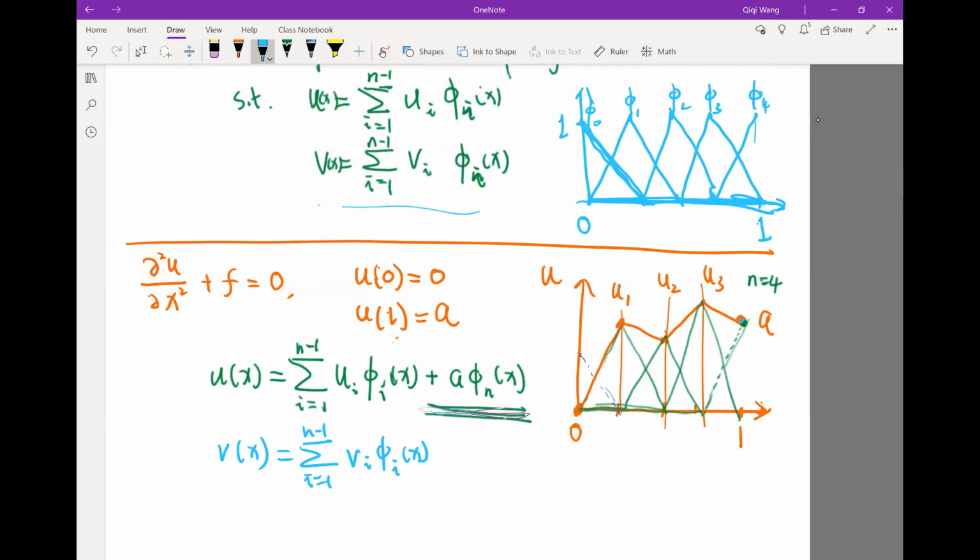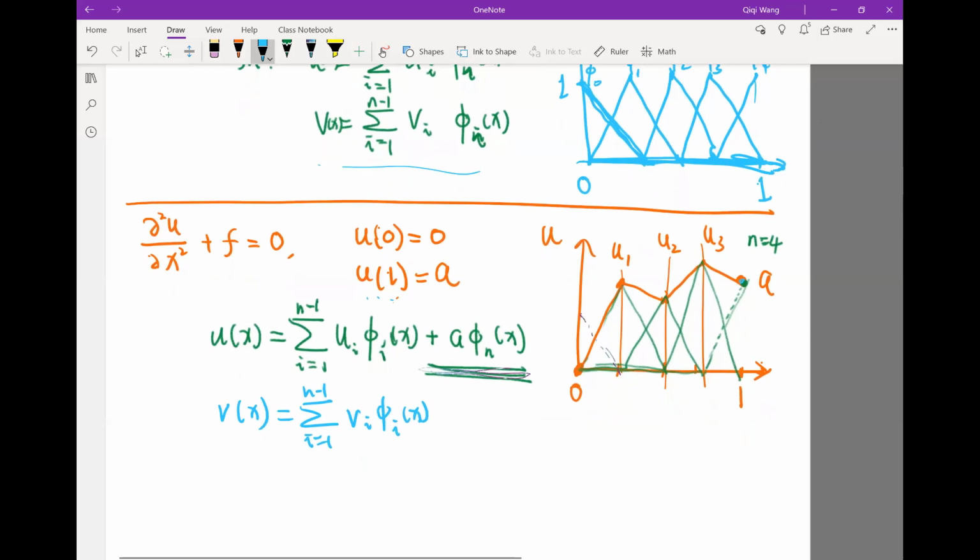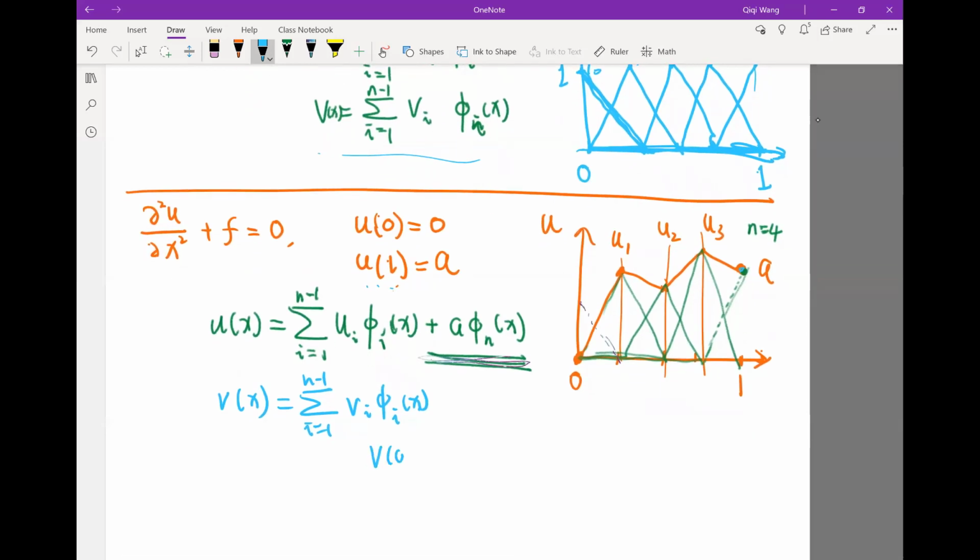So instead of satisfying v1 equal to a, v satisfies the original boundary condition, v0 equal to v1 equal to 0, no matter what kind of fixed boundary condition u satisfies. And because v1 equals 0, there is no contribution from either the first or the last basis function.